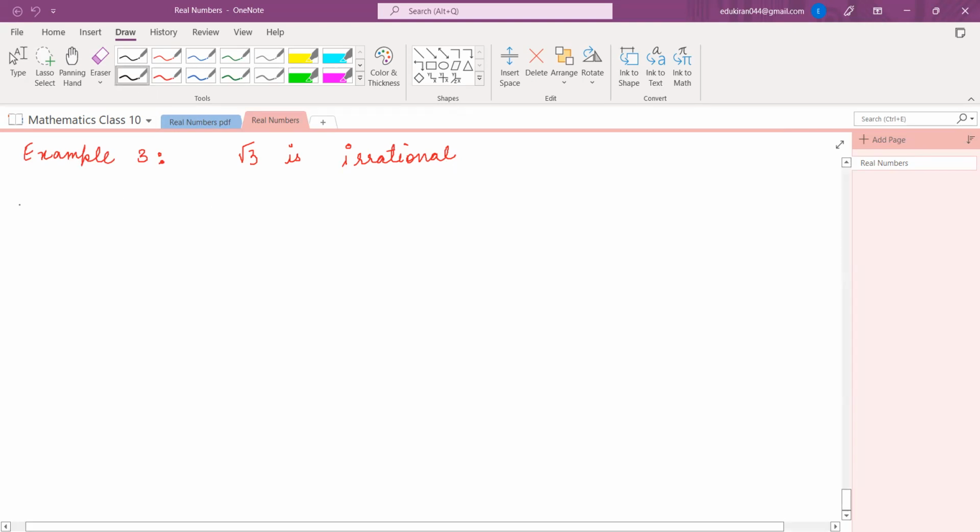Now next, remember some results. You have already studied rational and irrational numbers, the operations of rational and irrational numbers. So when we add a rational number plus an irrational number, what do we get?